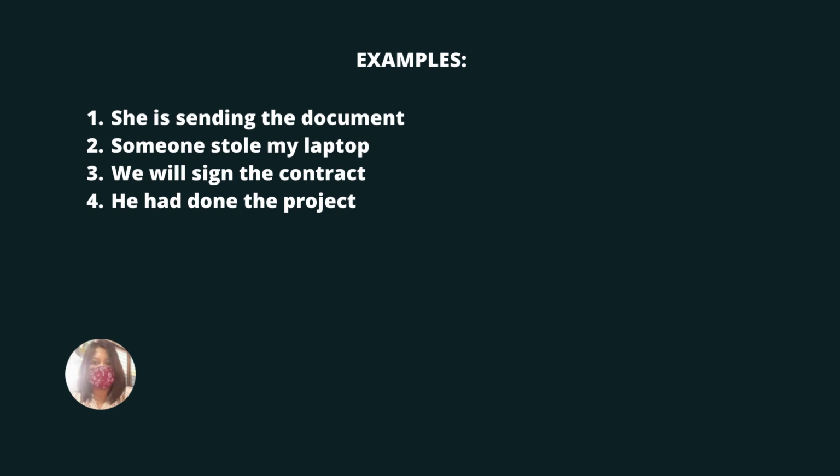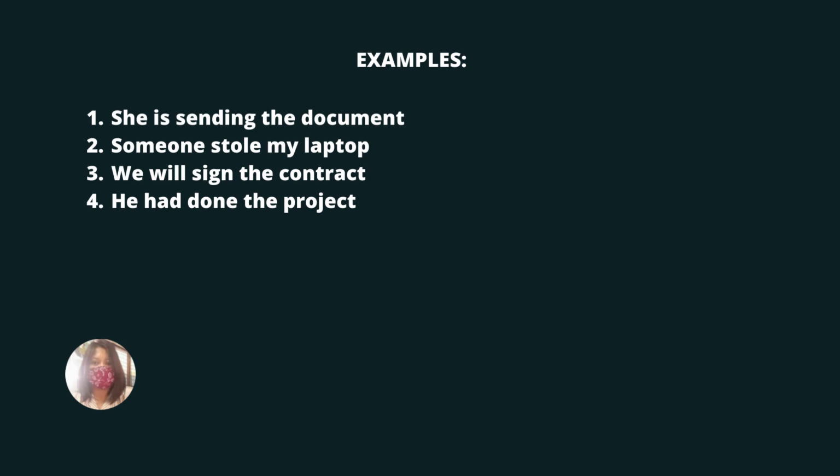Okay, and then for number 2 here, someone stole my laptop. I need to identify: is this perfect, continuous, or simple? Stole is verb 2, so that will be past simple here. So the additional word will be to be, for verb 2, was or were.